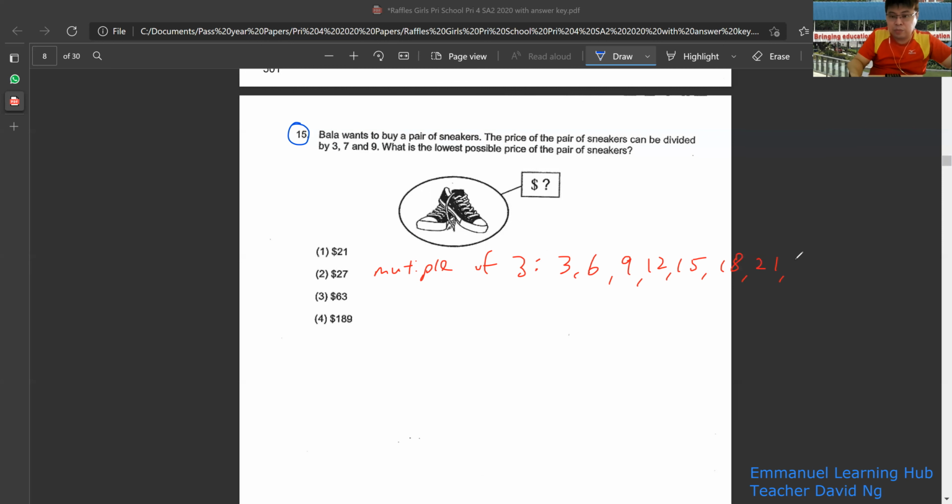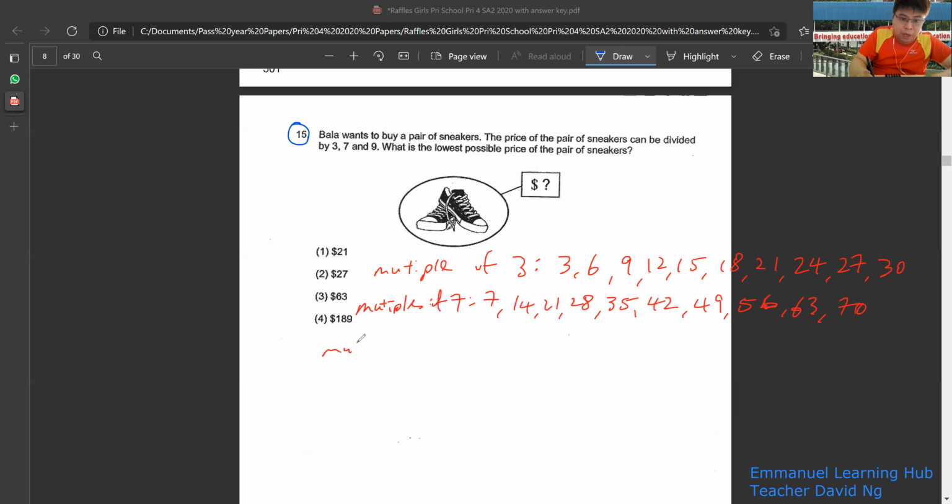Okay. How about multiples of 7? 7, 14, 21, 28, 35, 42, 49, 56, 63, 70.